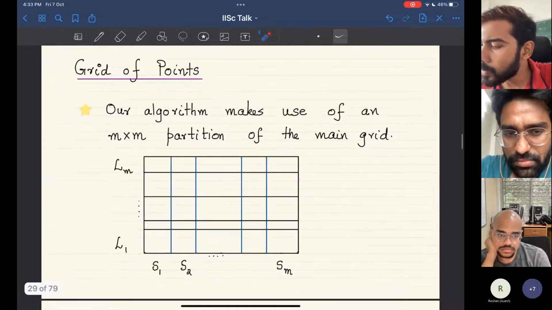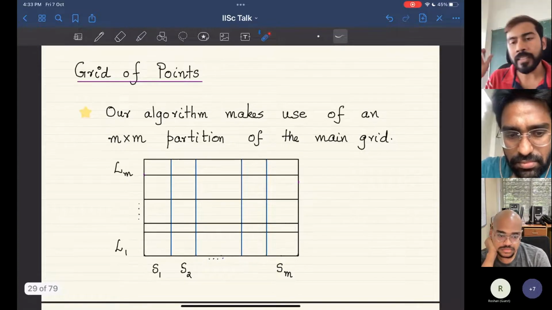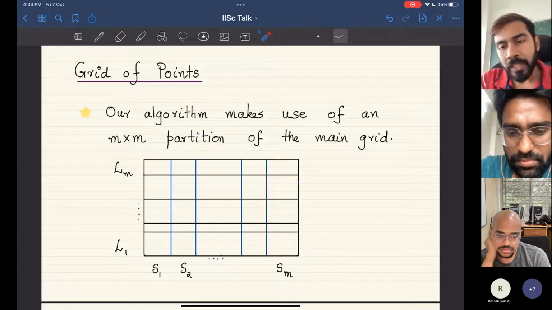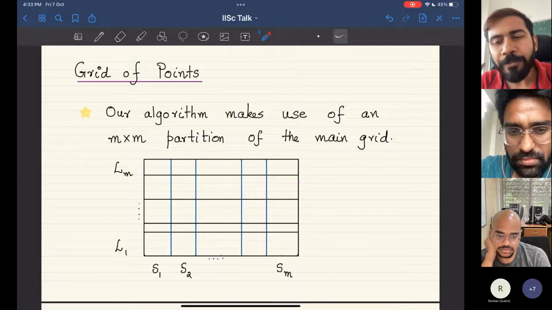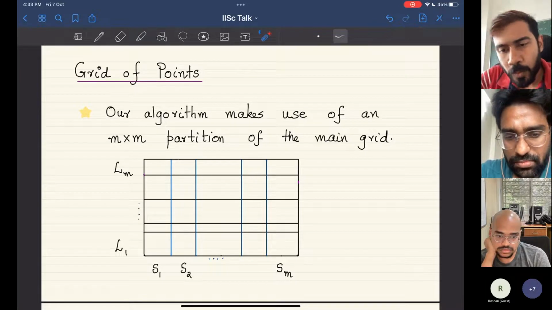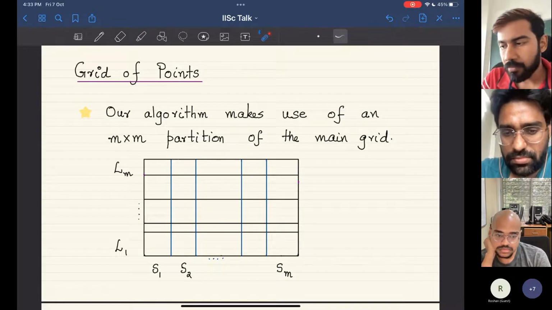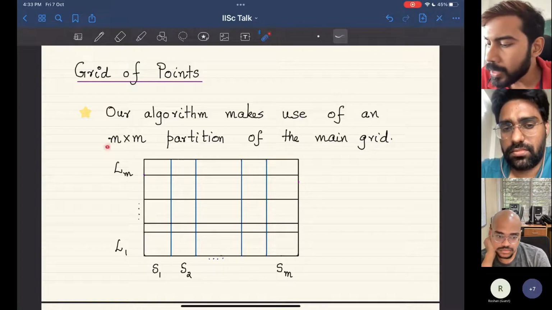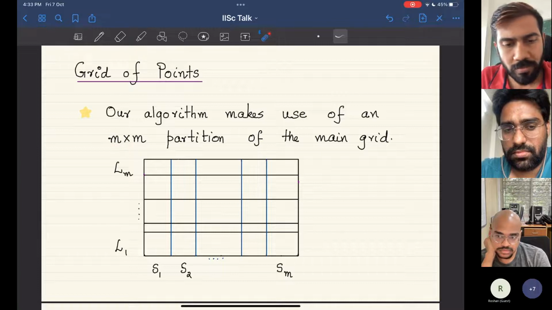So the first thing that our algorithm does is to somehow roughly equipartition this grid into m by m boxes, where m you can think of as square root n.